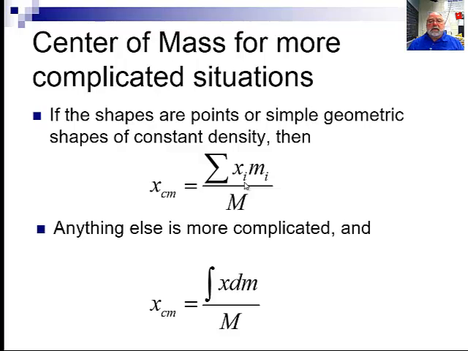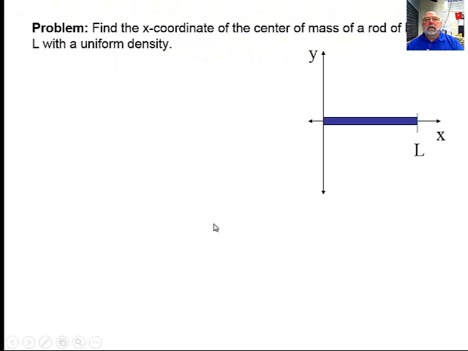So now we're going to infinitesimalize it, differentialize it. We're going to take the location times an individual little mass element divided by the total mass. This should look a little bit like the mean value theorem. Now, here's a problem.